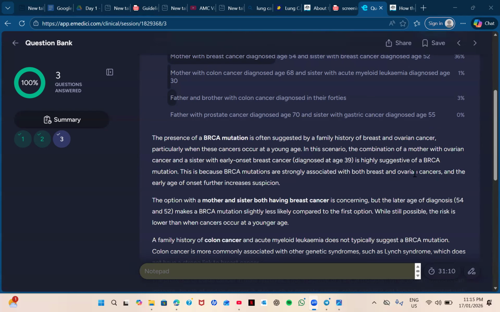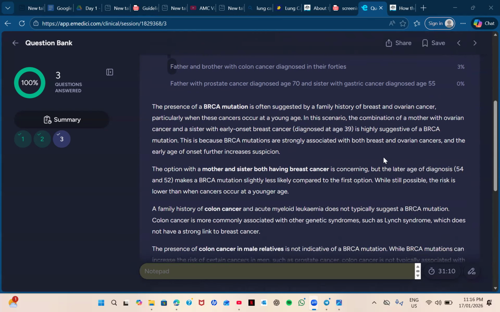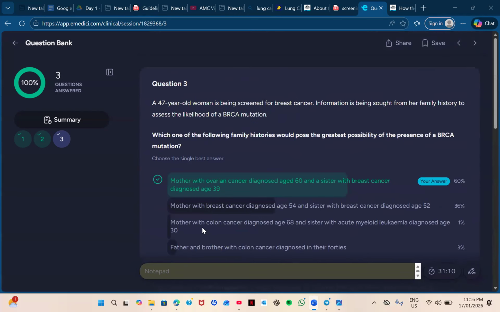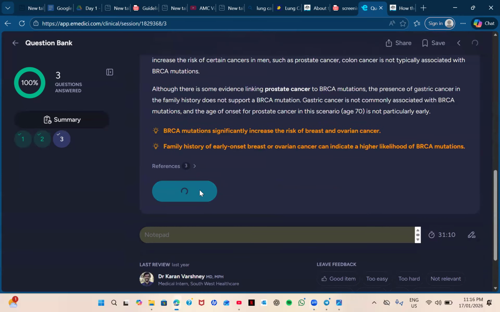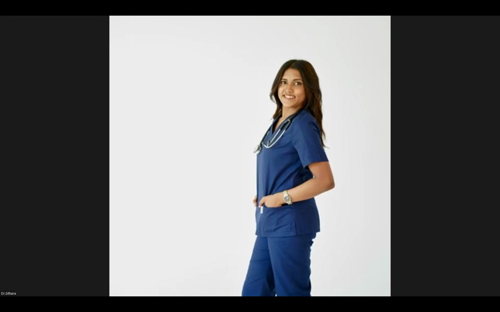In this scenario, the combination of a mother with ovarian cancer and a sister with early onset breast cancer is highly suggestive of a BRCA mutation. This is because BRCA mutations are strongly associated with both breast and ovarian cancer. That's all for the breast cancer.